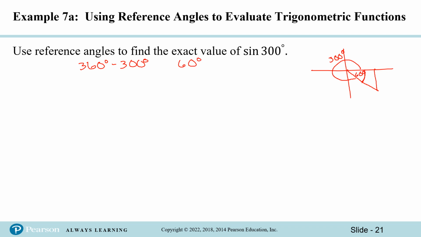What we're going to do is find the sine of 60 degrees. Remember, 60 degrees is the same as pi over 3, if that helps. Sine of 60 degrees is the same as sine of pi over 3. And you have to remember these.